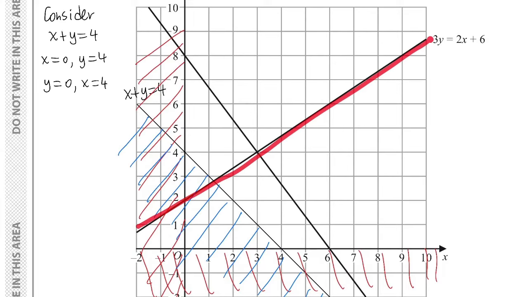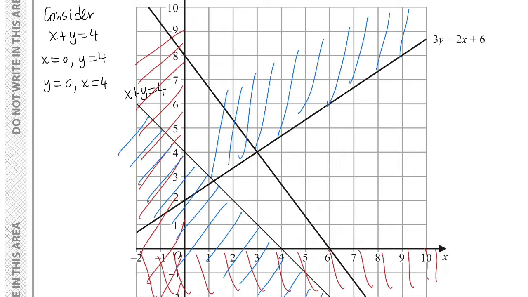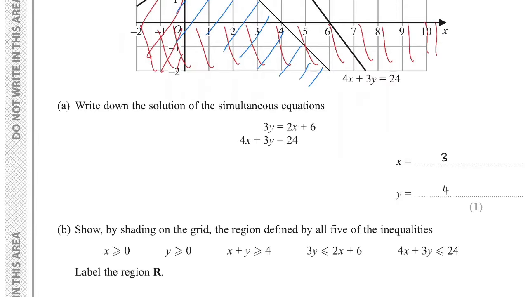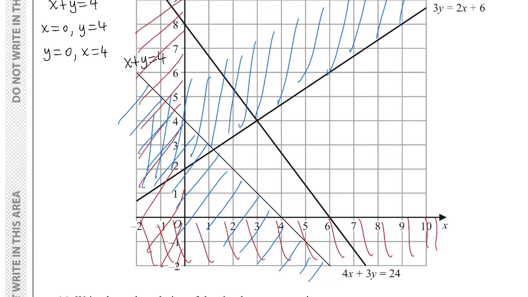That's the line. We have to be less than or equal, so we have to be below. So I shade here. And finally, it's 4x plus 3y less than or equal to 24. That's the straight line of 4x plus 3y is 24. We want to be less than that. We want to be below, so we shade above.